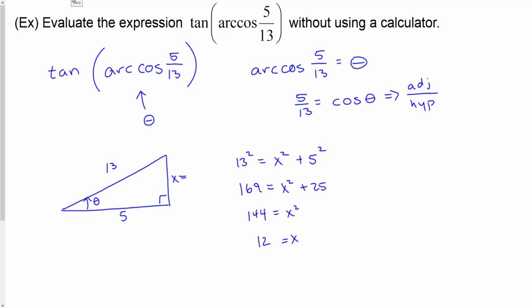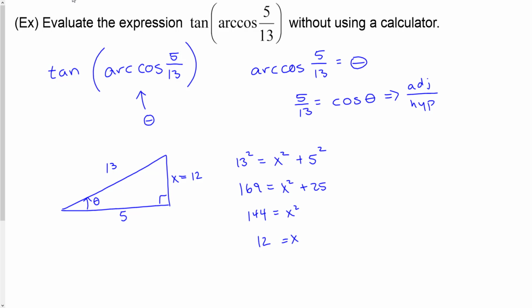But we can safely assume that it is positive 12 because the arccosine function can only give values in quadrants 1 or 2. And because the value here, 5/13, is positive, the result is going to be in quadrant 1. So that means we can safely assume that x is equal to 12 because x is positive in quadrant 1.